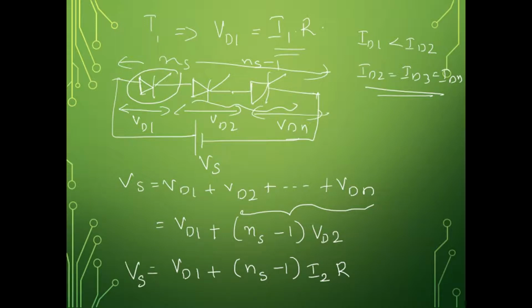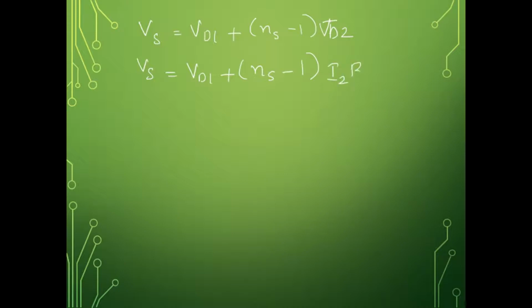This is nothing but Vs. So now from this we will obtain the expression for Vd1. What we have got there, Vs is equal to Vd1 plus Ns minus 1 into Vd2. Vd1 I will retain as it is, plus Ns minus 1 into, what is Vd2?